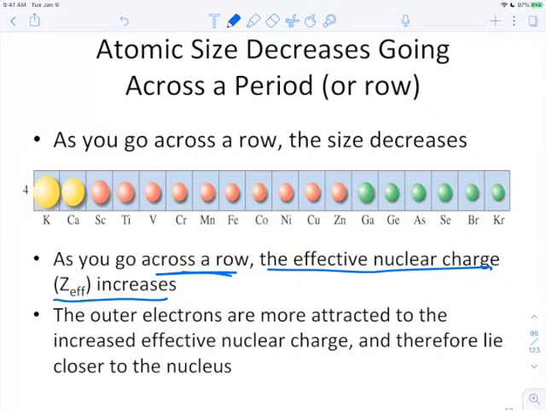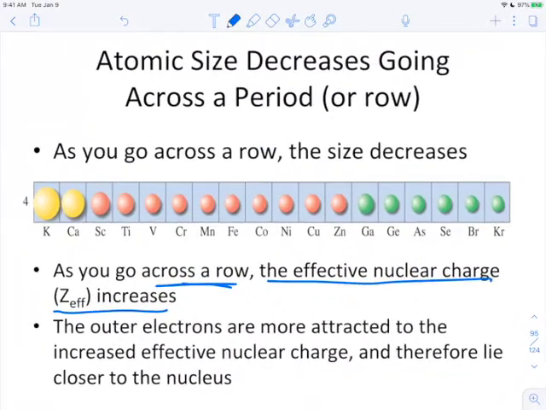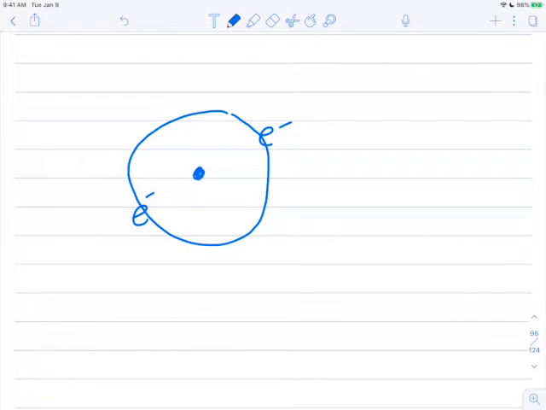So if you think of an atom, and the inside of the atom, here's your nucleus, and on the outside here, these are your electrons. Now, once upon a time I told you that there is a huge amount of empty space here in between the nucleus and the electrons.